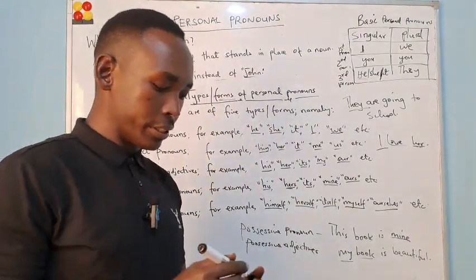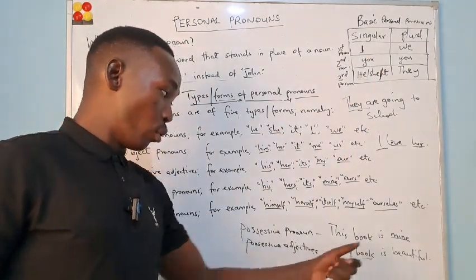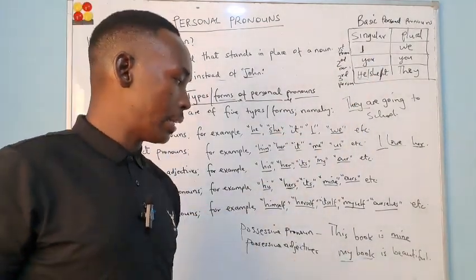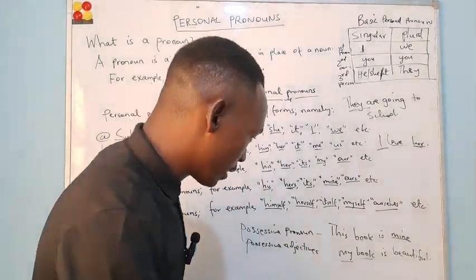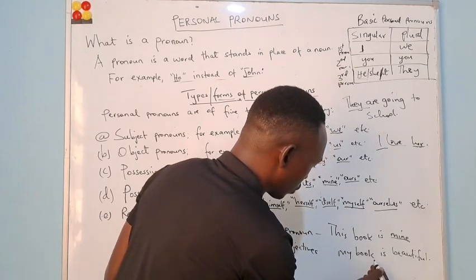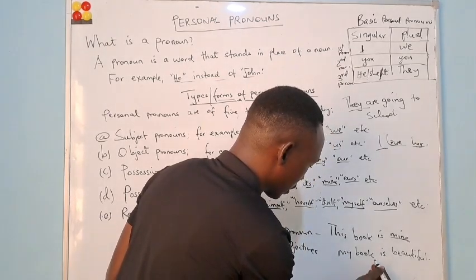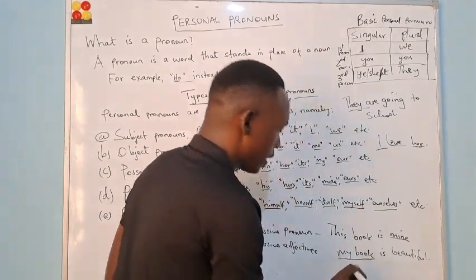But what does it represent now? It represents this, that the book is mine. My book is beautiful. So that's why we say, in this sentence, if you are just required to show the subject, this can't be the subject, but this one is the subject.